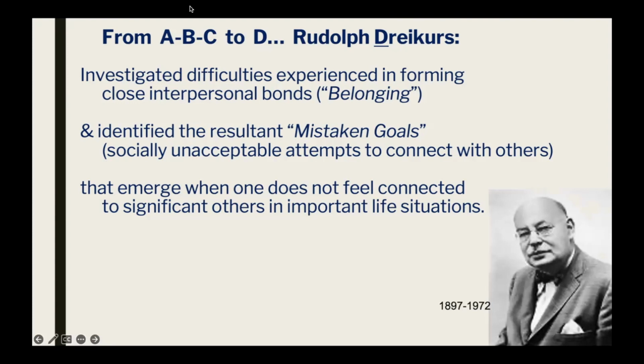He's talking about our greatest human psychological need: to feel connected with others. It's all in the learning module, the ABC and the Dreikurs Mistaken Goals learning module, that we desire a sense of community. We want to be valued and be a contributing member to that community.